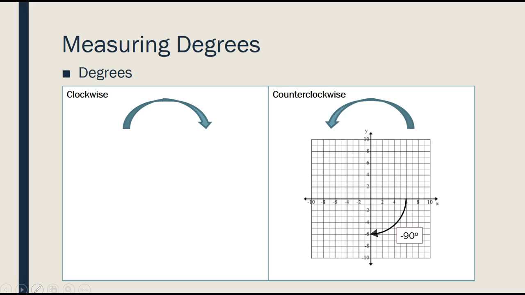We're going to start to see some negative angle measures also, so angle measures that are less than 0 and angle measures that are bigger than 180 in your future math classes. Usually in geometry, we'll stick to clockwise or counterclockwise 90 degrees.